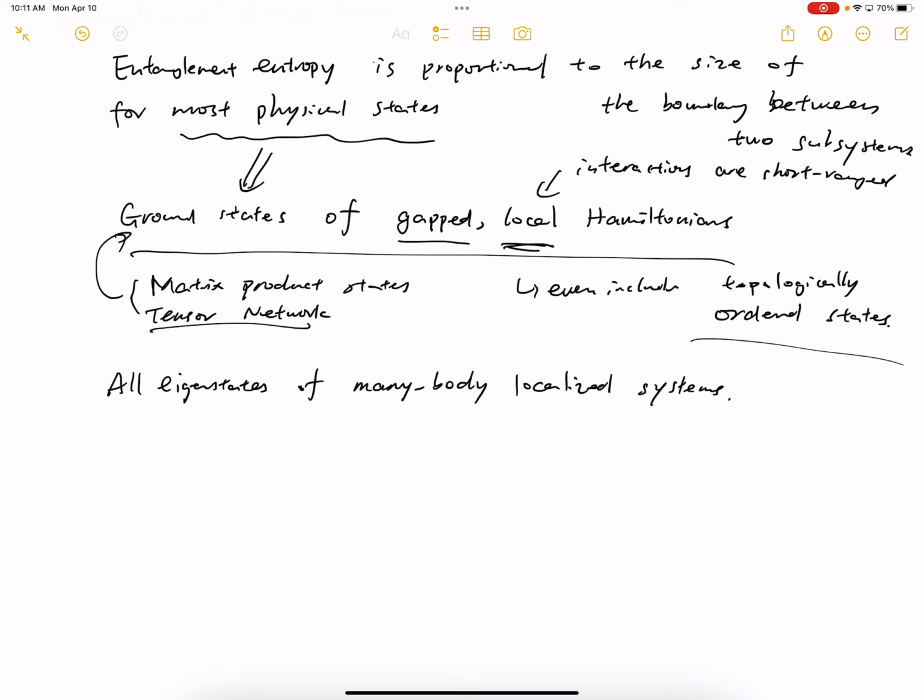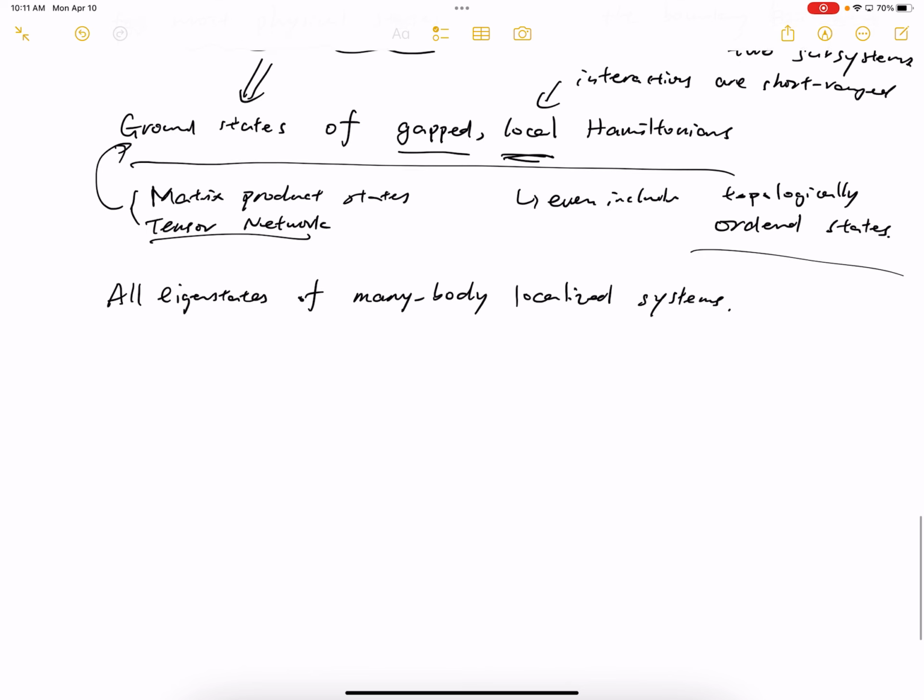So that's a good question. The other thing I want to talk about is another very important class of states which satisfy the area law, which is directly related to quantum computing.